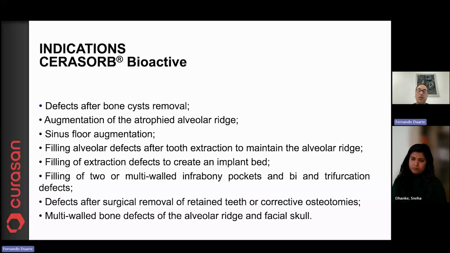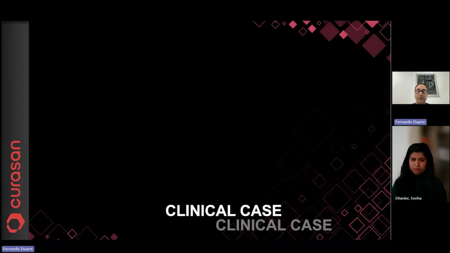Retained teeth or corrective osteotomies is also another indication, and we are talking about not only wisdom teeth but, for instance, canines or even premolars in strategic areas that we need to reconstruct for future orthodontic movements or also for implant placement. And we know that gingival defects are also very important to correct.